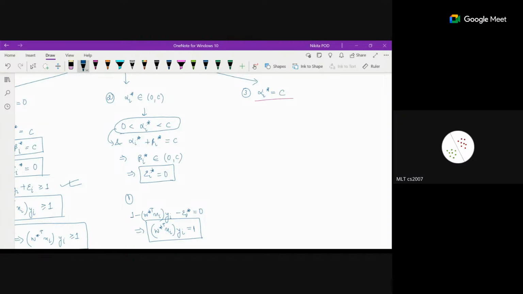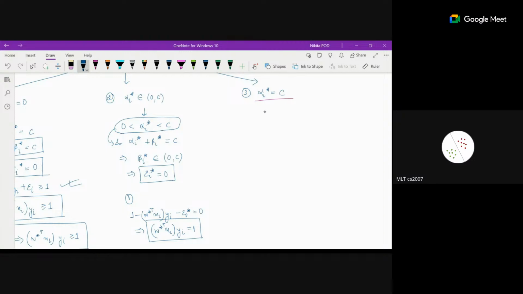Remember that my W star is the linear combination of the data points. And if alpha I star is strictly C, it means the points that we will get from this condition are going to be the most important to our W star, right?